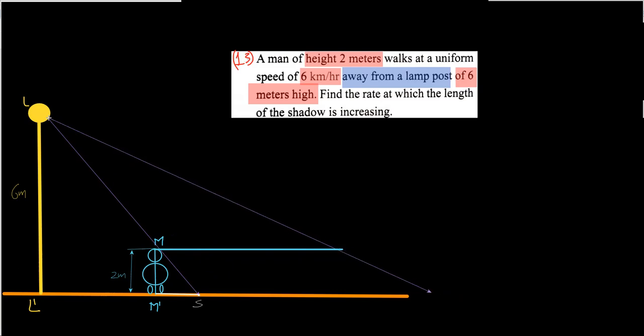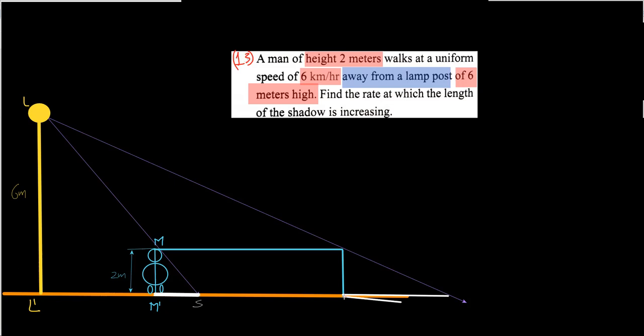If the man is reaching here, try to understand, then the length of the shadow will have grown by this. Now this is the length of the shadow, and earlier it was only this.